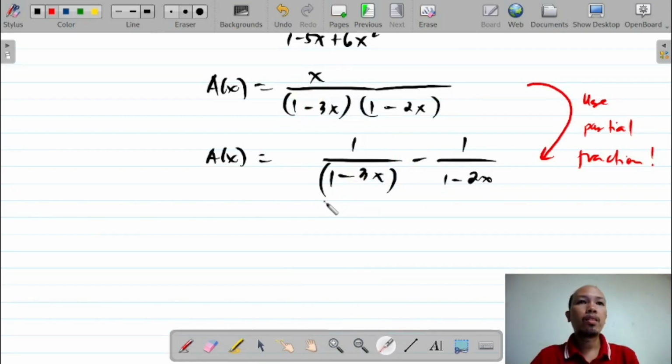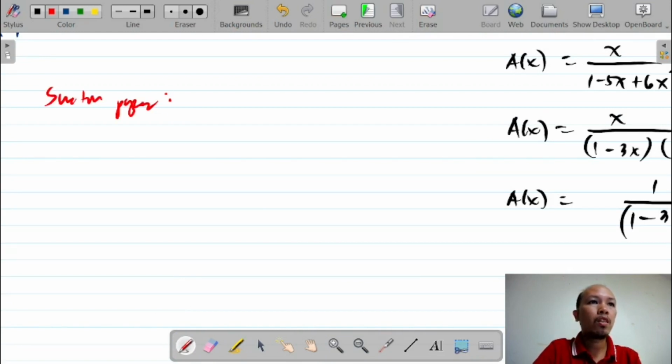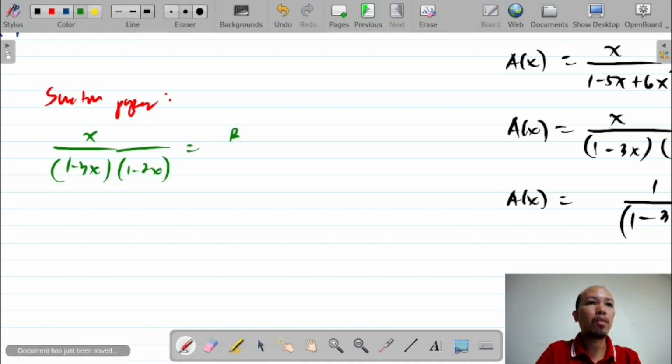On the scratch paper, you just write x over 1 minus 3x times 1 minus 2x is equal to, let's say we use b plus c, b over 1 minus 2x plus c over 1 minus 3x.